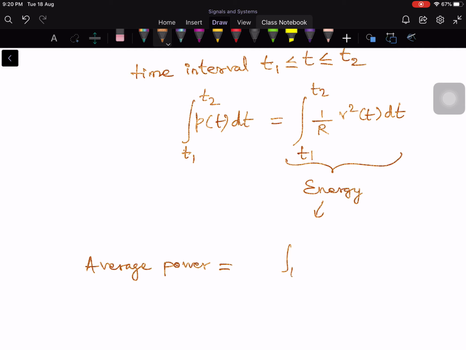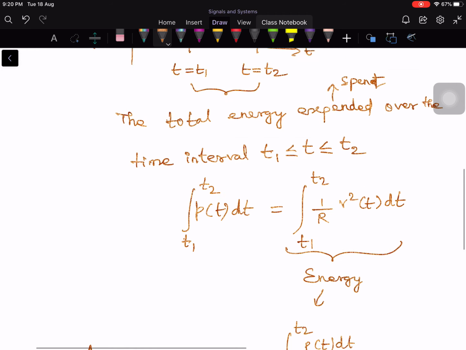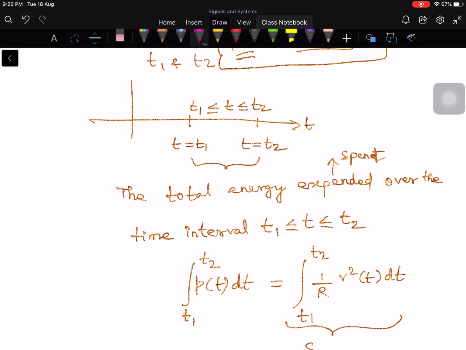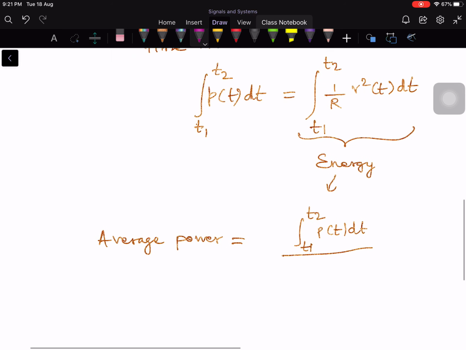So the integral from t1 to t2 of p of t dt divided by the length of the time interval. The length equals the upper limit minus the lower limit, t2 minus t1. So you divide by t2 minus t1, and this is the average power over the interval.